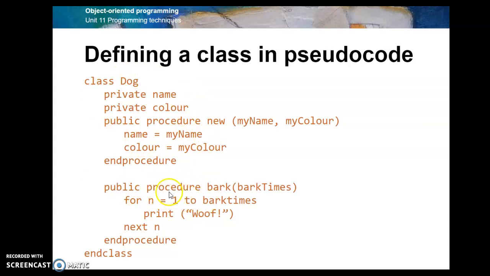Only a method or a procedure in the class is able to get it. Pause the video. If you can write this class in Python, then try to create an object and try to access the attribute name from the main program. Then you will see what I'm talking about. Okay.